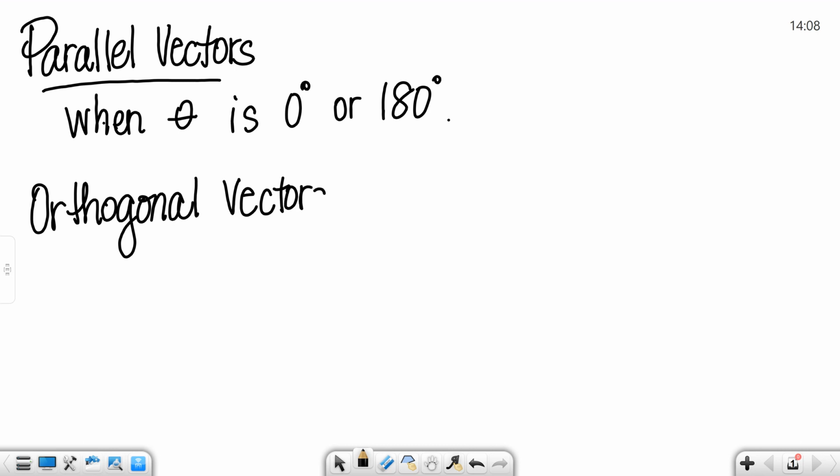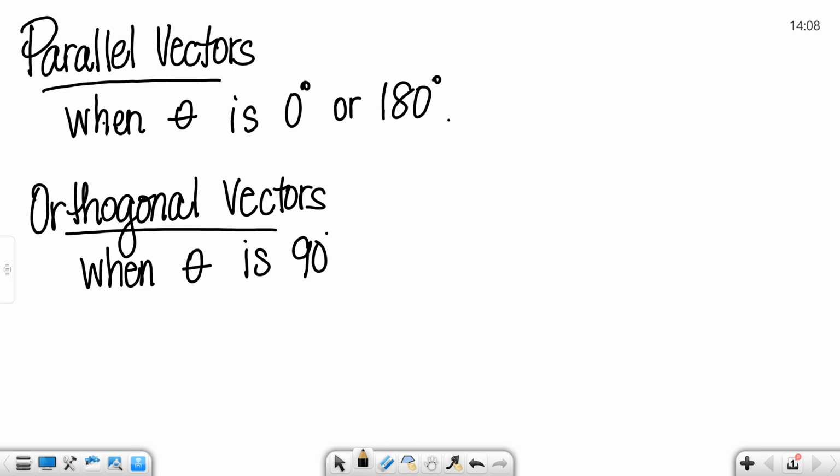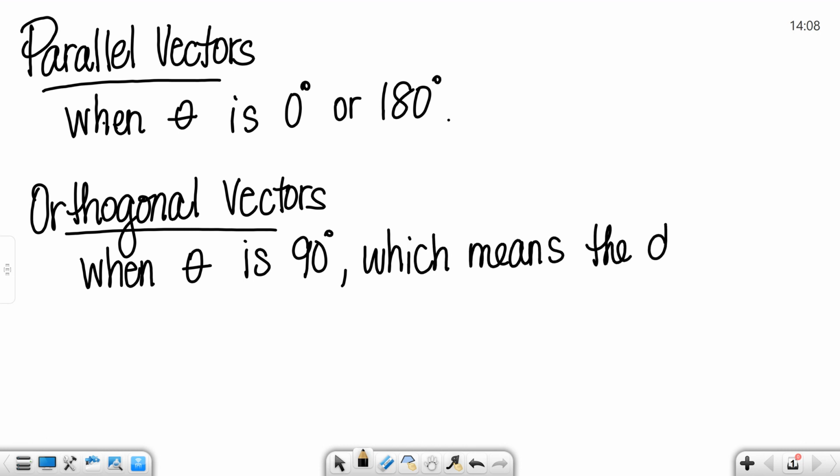All right, and then we have orthogonal vectors. Okay, orthogonal vectors, you know that two vectors are orthogonal when theta, the angle between them, is 90 degrees. The angle that they form is 90 degrees, which means the dot product of these two orthogonal vectors is 0.